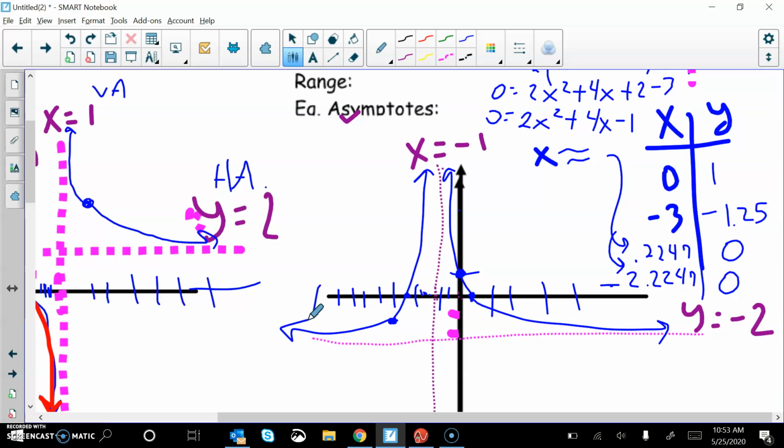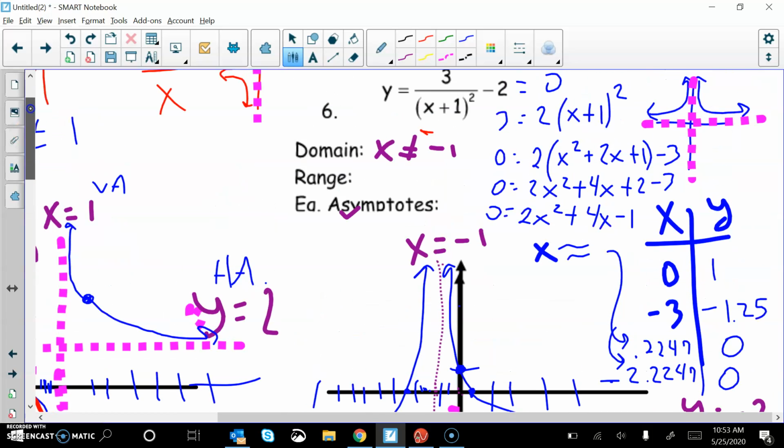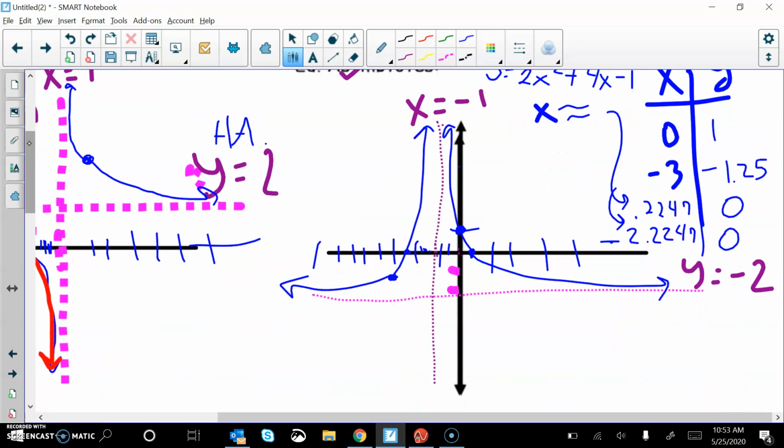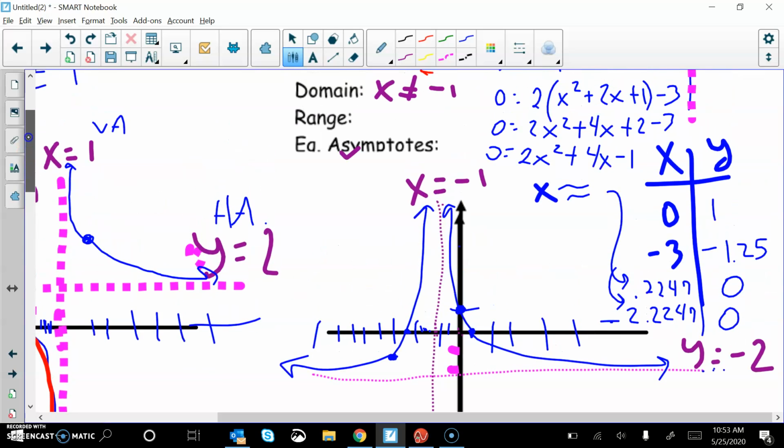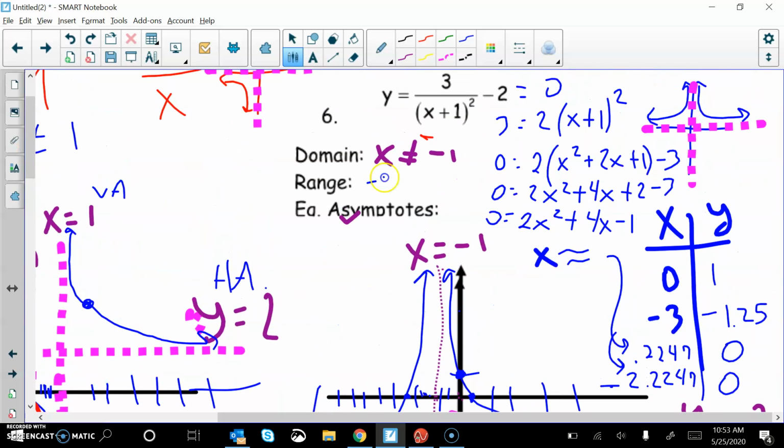All right, so my range, very bottom to the top. From the graph, you can tell the lowest it'll go is this -2 that it's approaching, but it'll never hit it. So -2 with a parenthesis, it never hits it, up to infinity also with a parenthesis.